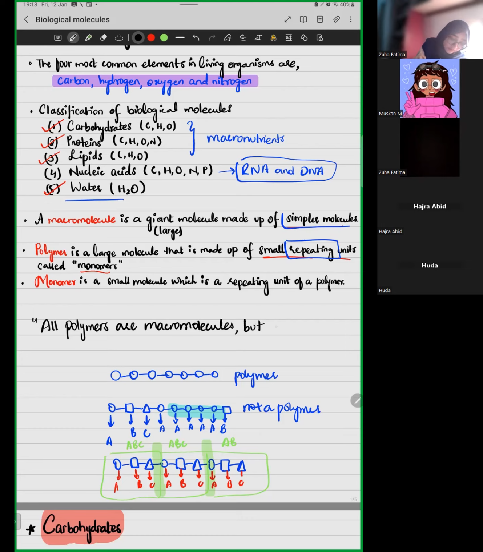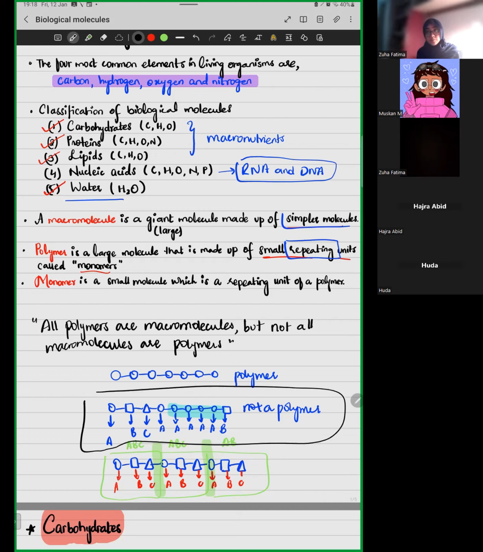But not all macromolecules are polymers. And what do we mean by that? We mean that we have a macromolecule. It is a large molecule. It is made up of small, simpler units, small, simpler molecules.